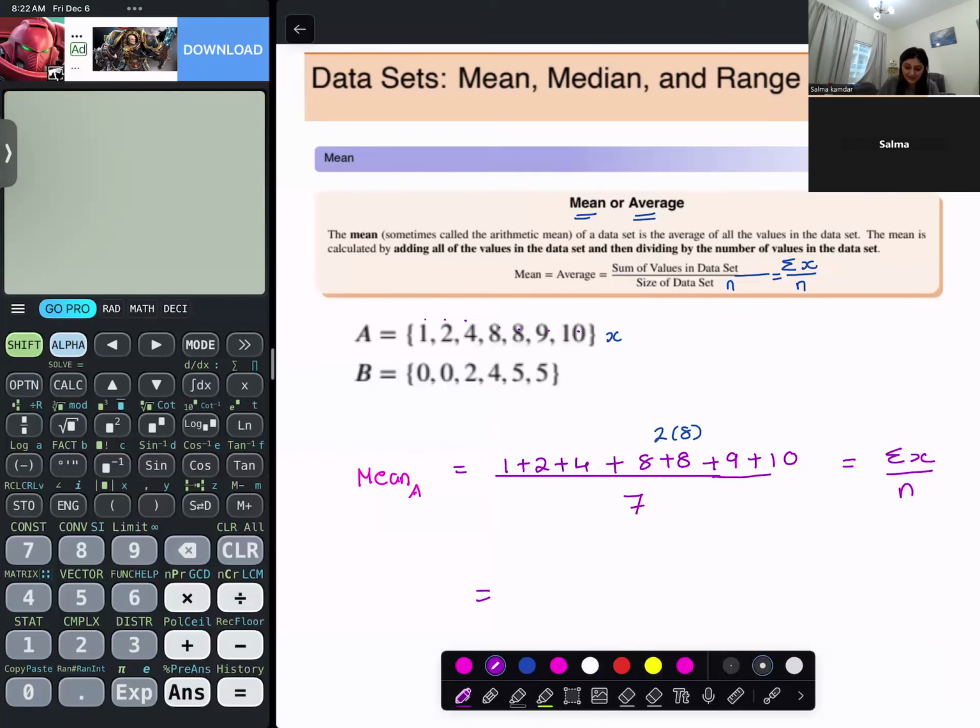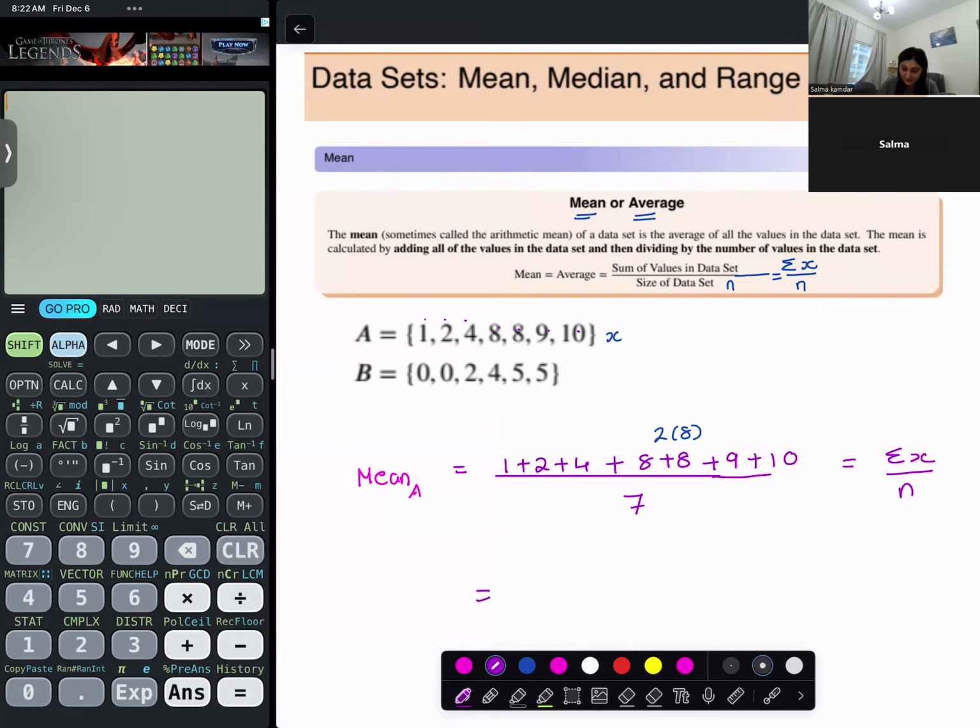So I am calculating the mean. I go to my calculator, enter the values.